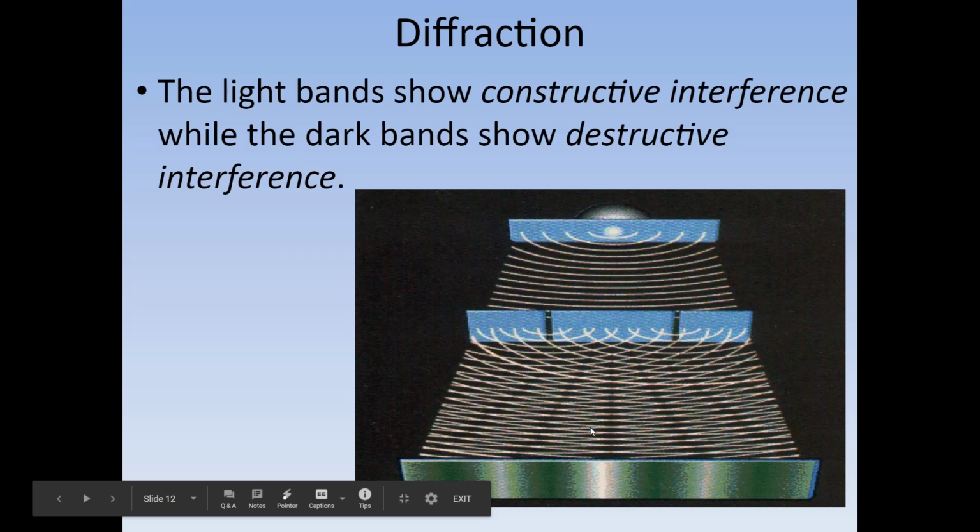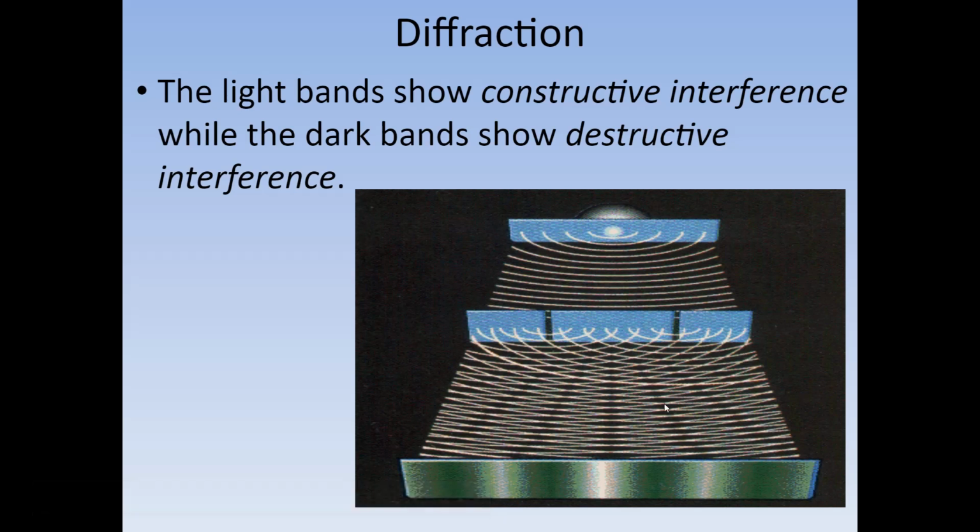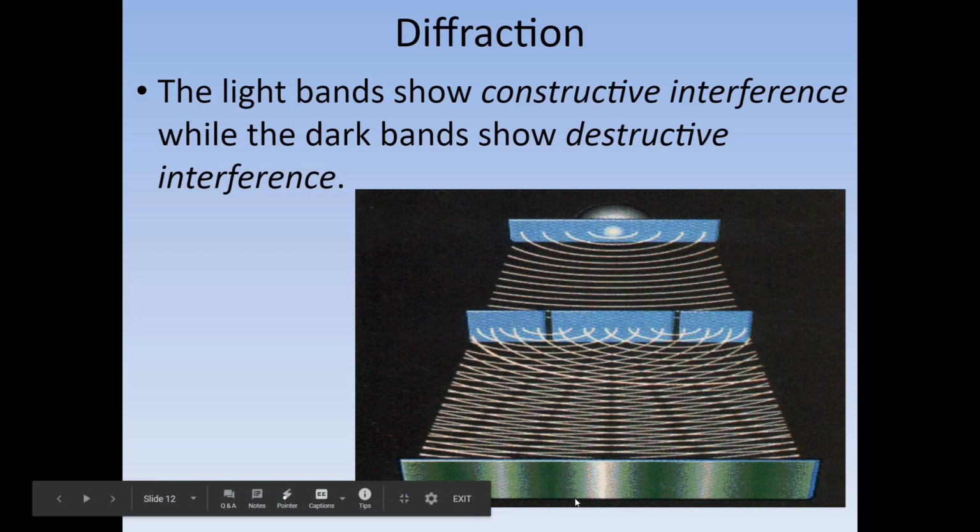In fact, if you look at this and squint your eyes, you can actually see little bands in here, and that's caused by constructive and destructive interference. All right, so anytime you see the phrase interference pattern, it's referring to this, with these bright and dark bands on a screen, and they're showing wave properties.